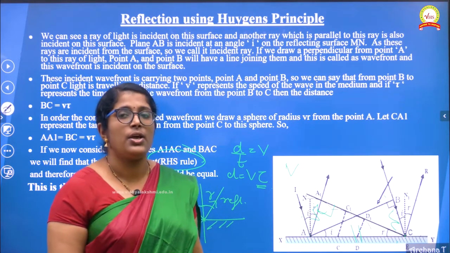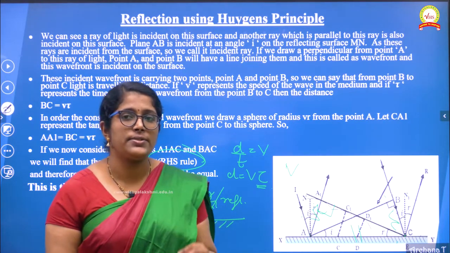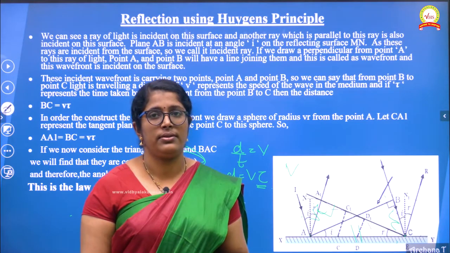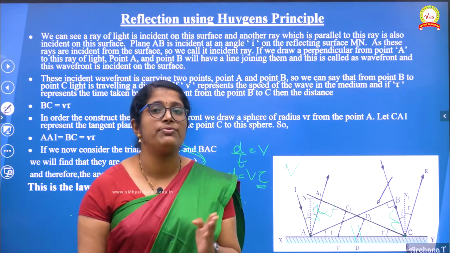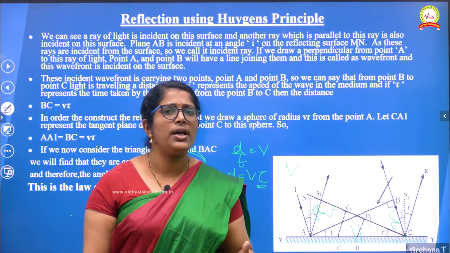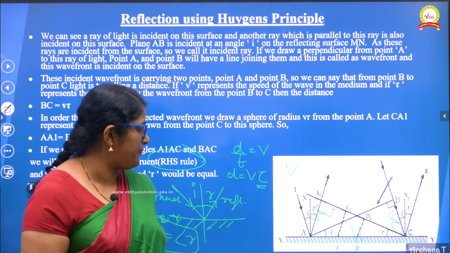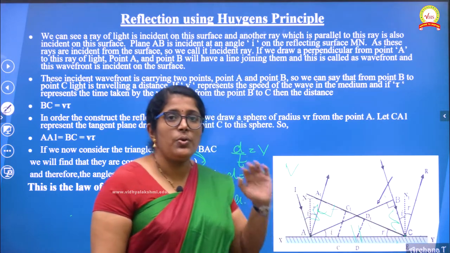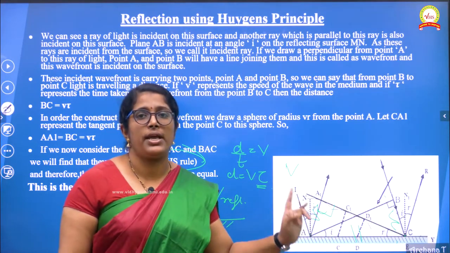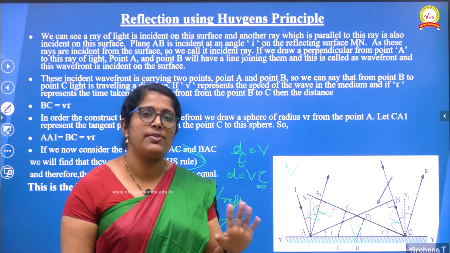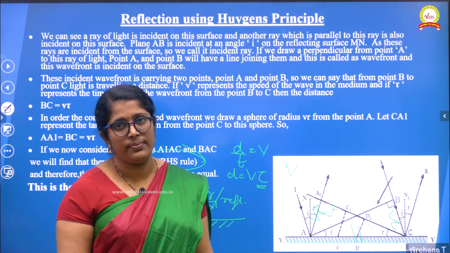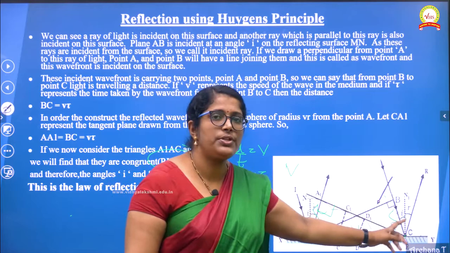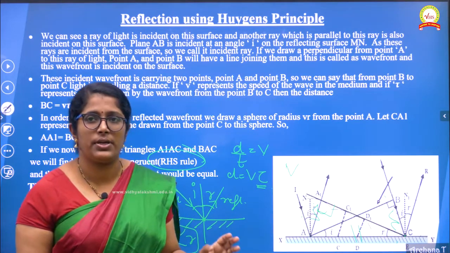RHS. Congruent means the corresponding angles are equal for a pair of congruent triangles. Now, what are the corresponding angles here? Let us see. This is V2, this is also V2. So just take the opposite of that side. That will be the corresponding angles. If you take the opposite angles, what is it?